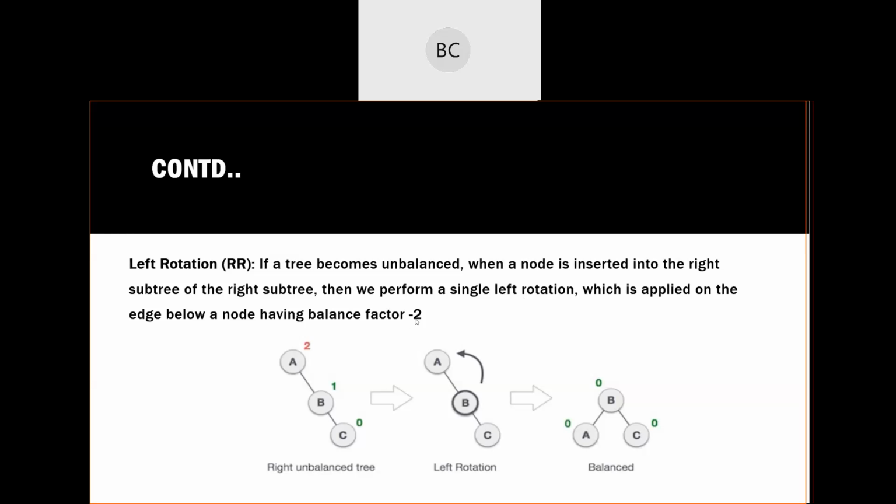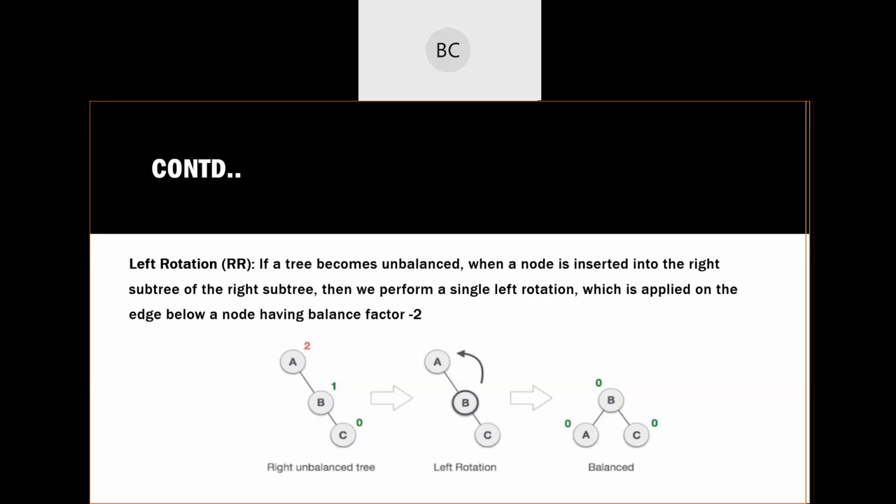Okay, that means from here you can see this is a tree, and whenever we add some node to the right subtree of our right subtree, then we will perform an RR rotation. Okay, RR rotation means we have to perform a left rotation.